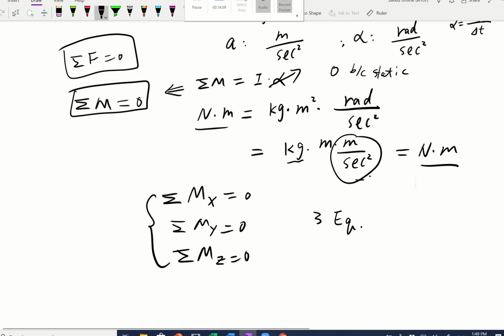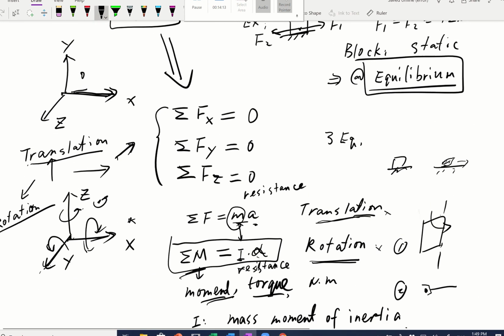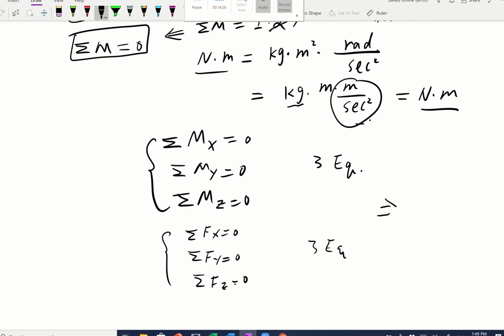Right? So that basically is statics, because earlier you have these equations for the forces, and now you have the moments, all of them. So in total it's going to give you 6 equations.